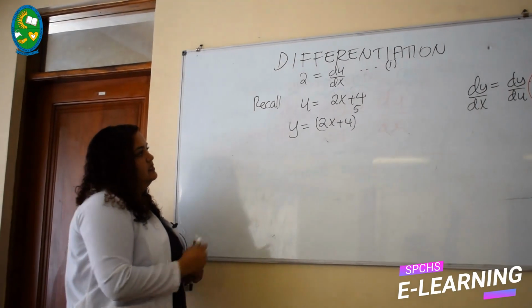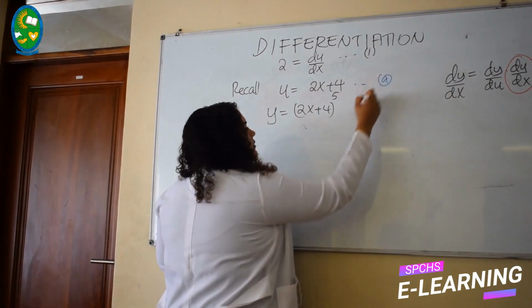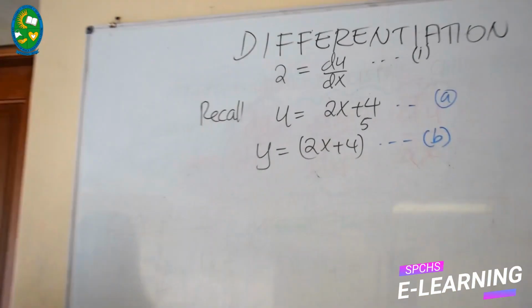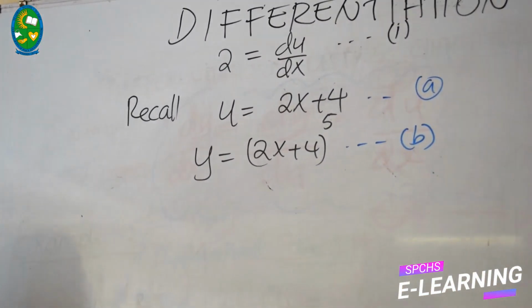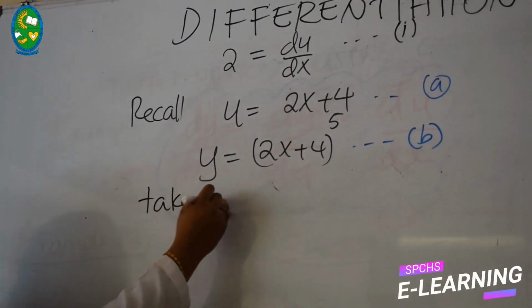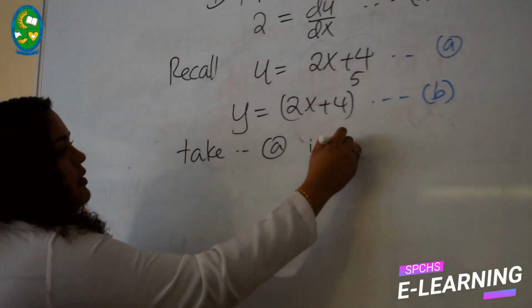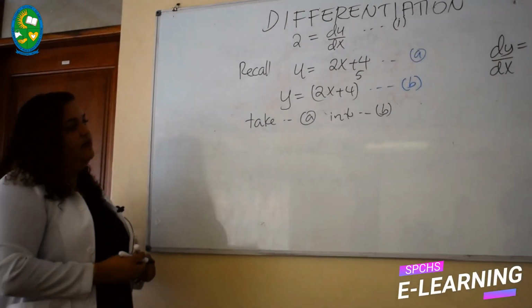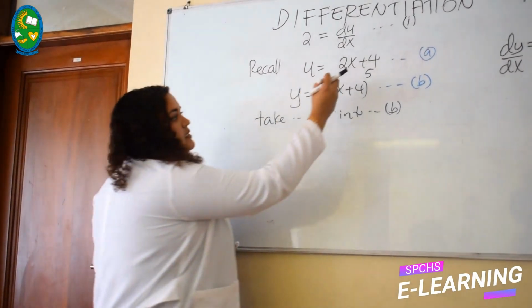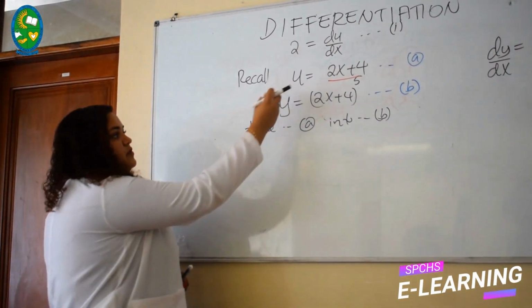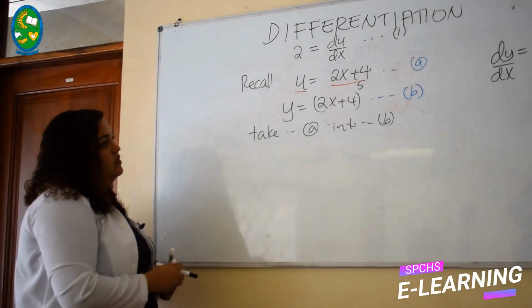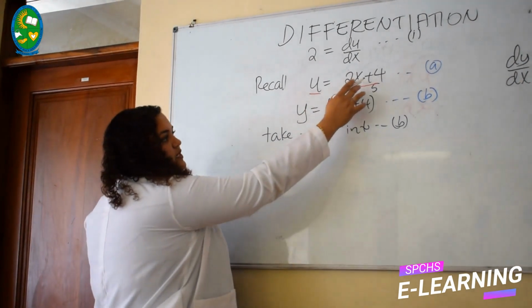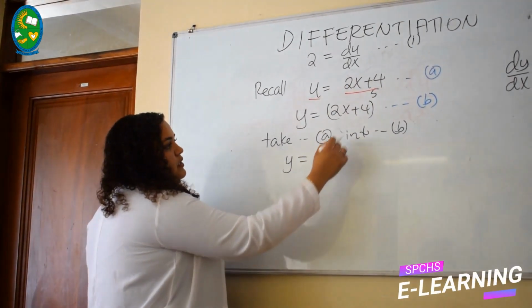Now let's label this as equation A and this one as equation B. What we're going to do is take equation A into equation B. That means substitute. Wherever you have 2x plus 4, you're going to substitute u. So this equation now becomes y equals to, wherever there's 2x plus 4, I'll write u and then power 5.